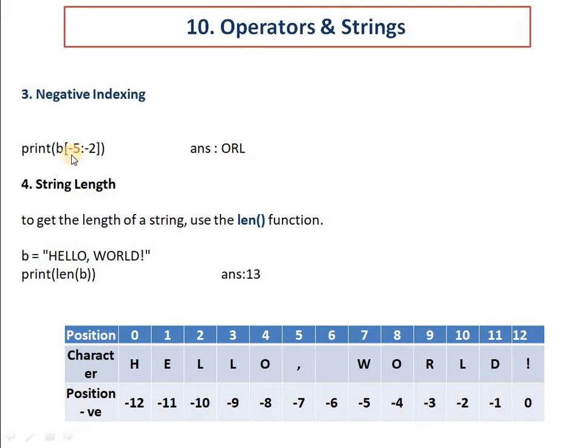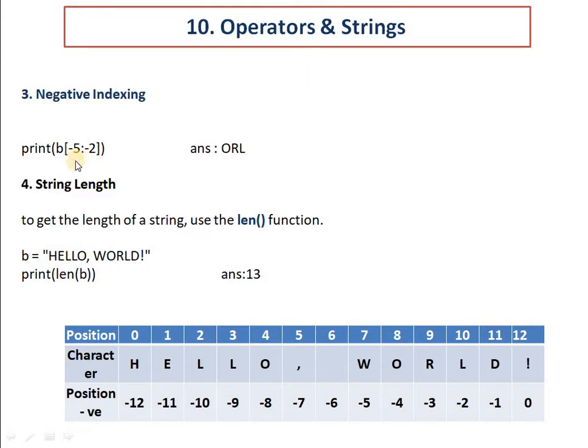We will start from minus 5, that is O, then the next one R, then the next one minus 2, L. So that is the difference between positive indexing and negative indexing. In positive indexing, we will be reducing value from here.